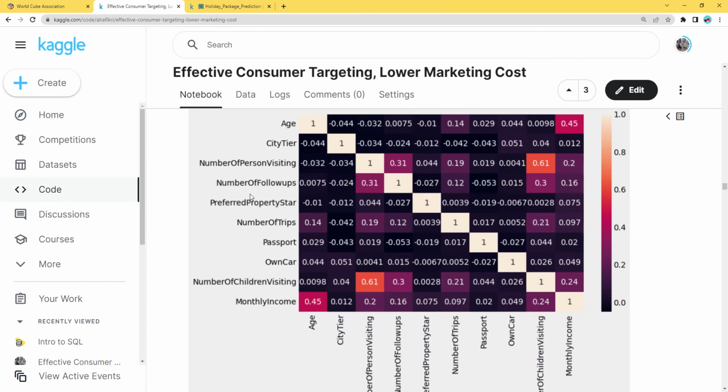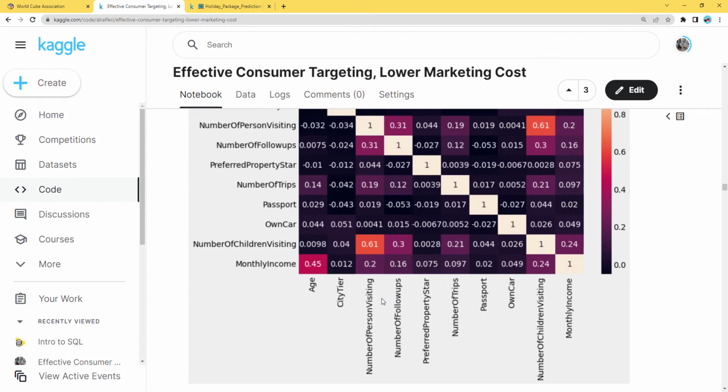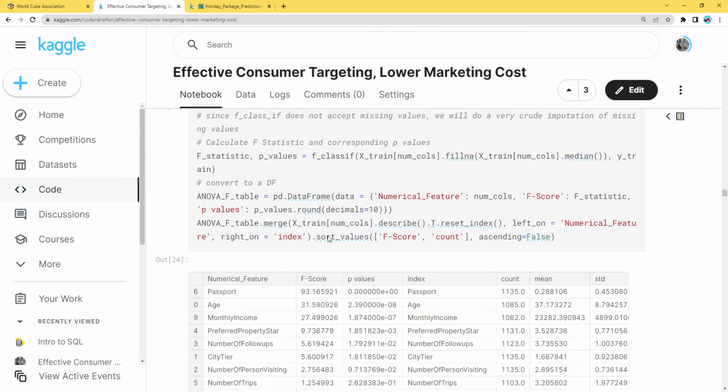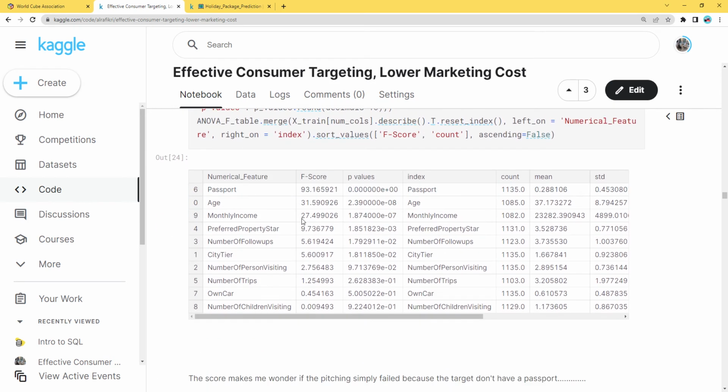The rule of thumb here is that there is multicollinearity if the variables correlate more than 70%, I think. So we don't find multicollinearity, only slightly, like number of visiting persons and children. Yeah, it's obvious that they are correlated.